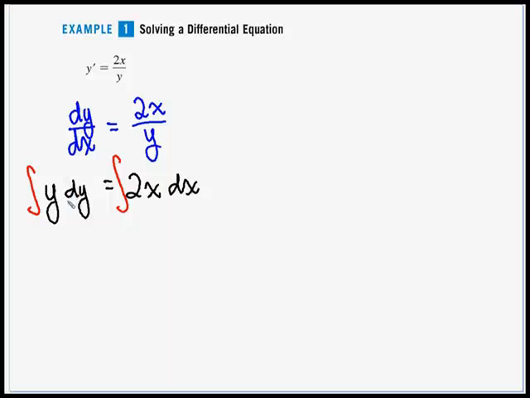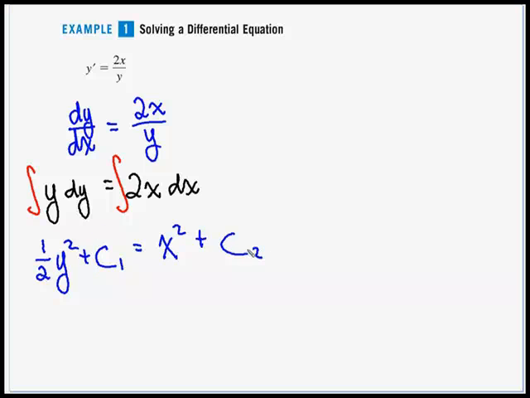On the left I'm integrating with respect to y, so this becomes 1/2 y squared plus c. And that's equal to, raise the exponent by 1, divide by that exponent, and we'll cancel the 2, x squared plus c. Could we just subtract c from this side? Let's call these c sub 1 and c sub 2.